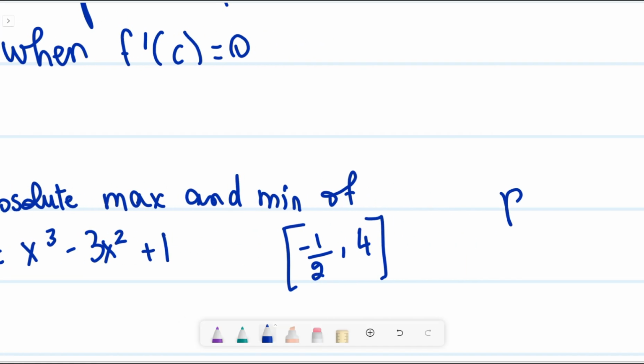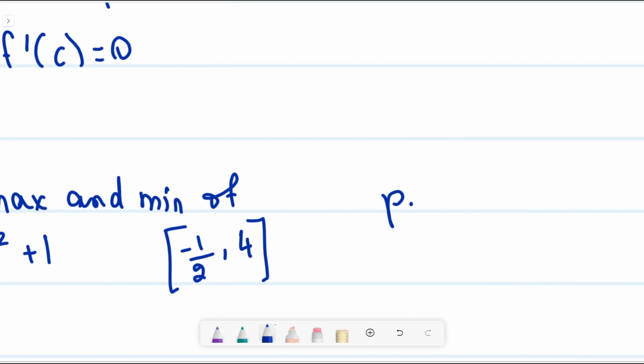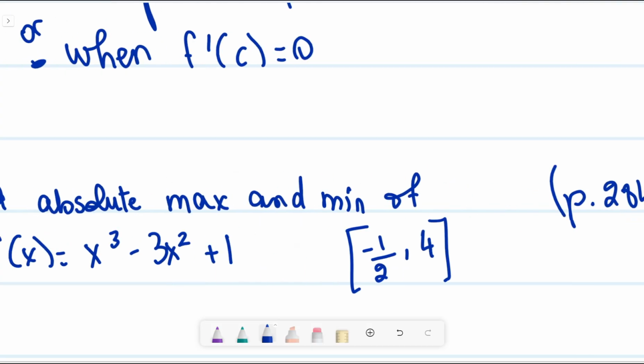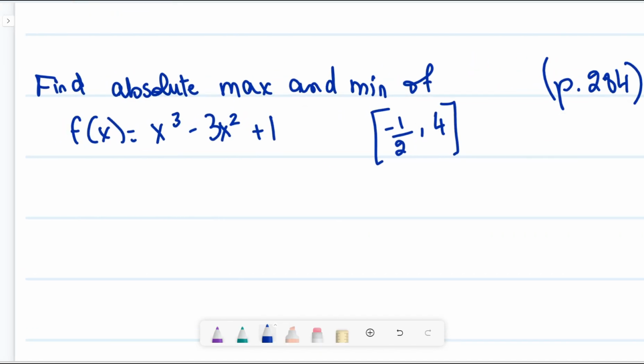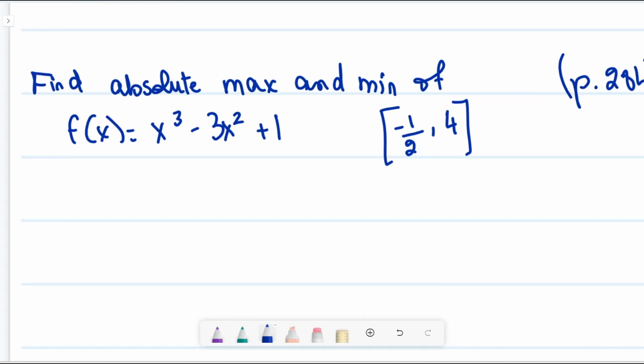And this is from page 284 in the book. So one thing to start with is to note down our endpoints. Our endpoints are -1/2 and 4. So what we do is we find the value of the function at x equals -1/2, so f of -1/2, and f of 4.